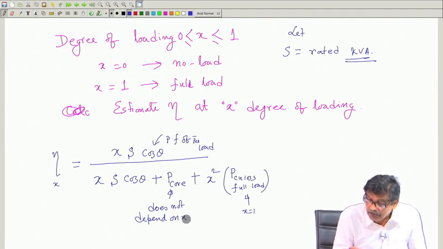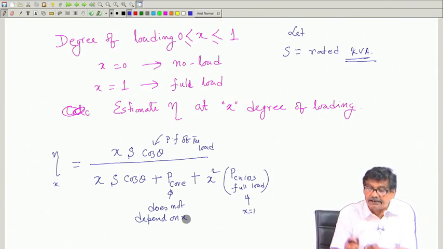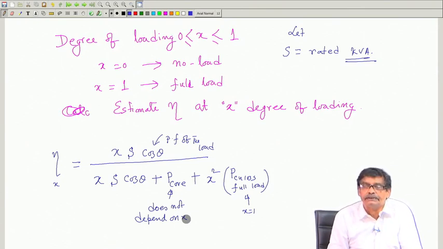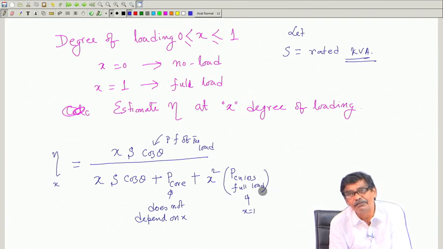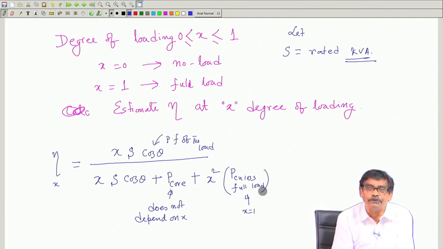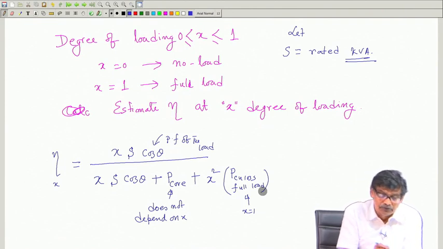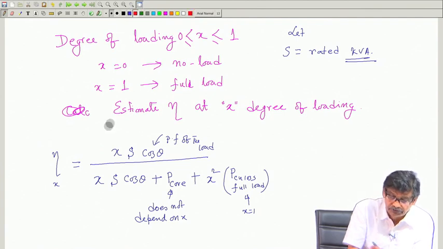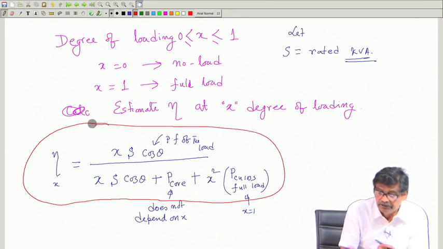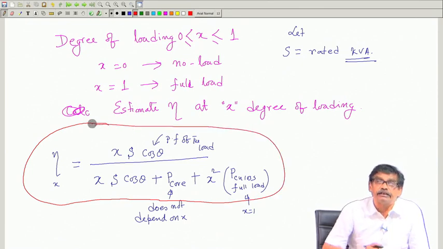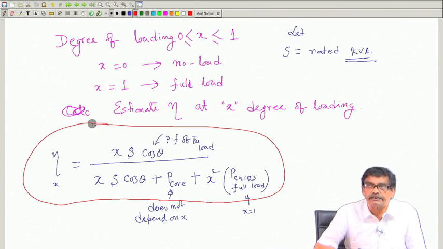And P copper loss at full load I have defined, at rated current the copper loss is this. Then if it is loaded at x degree of loading, the copper loss at that degree of loading must be multiplied by x squared, where x may be half, 3/4, 40%, 0.4 and so on. So, this is the most important formula so far as efficiency is concerned, and we will discuss this expression further in my next lecture. Thank you.